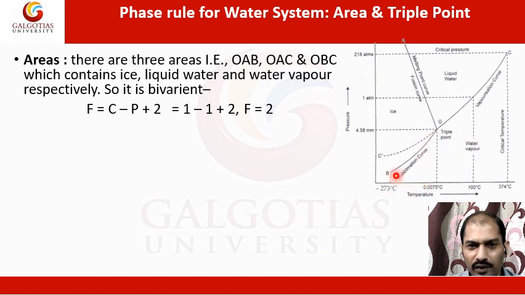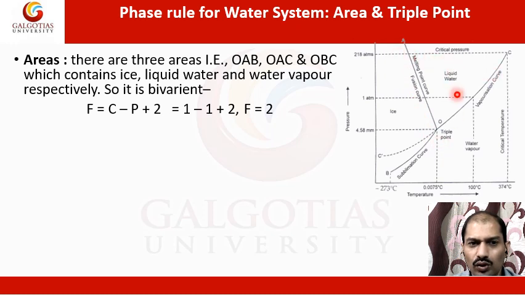Please remember, earlier we took a different graph where two phases were coming, but here, if you take this one, OAB has one phase only, the solid phase or ice. And if you take the area OAC into consideration, this is the liquid phase.